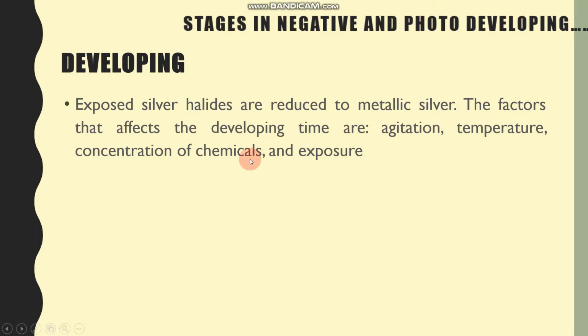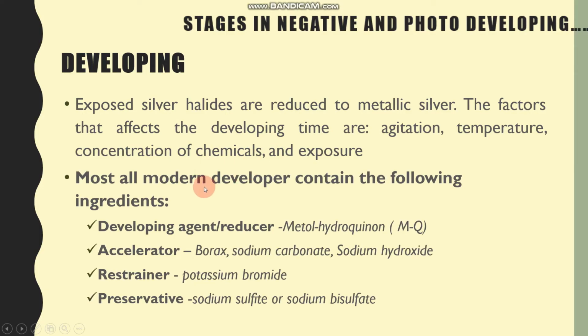So, sa ating developing process, meron tayong tinatawag na developer, na kung saan yan yung chemical na ginagamit natin para ma-develop natin si image. Ma-develop in a way na kailangan nating palabasin yung latent image or yung invisible image. So, yan pa lang tayo sa first stage. Palalabasin yung invisible or latent image.